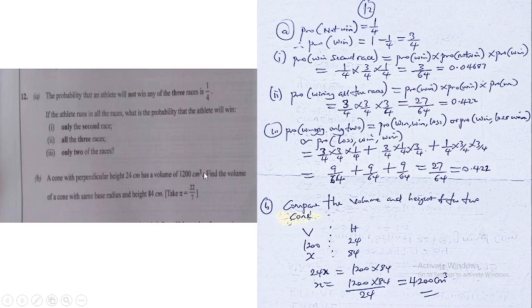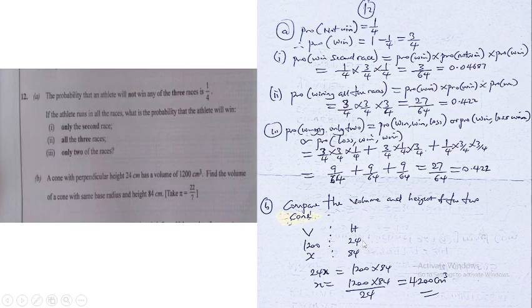The question is very direct, and you can use proportion to solve it easily. So we find the ratio of the volume against the height. The volume of the first cone is 120.